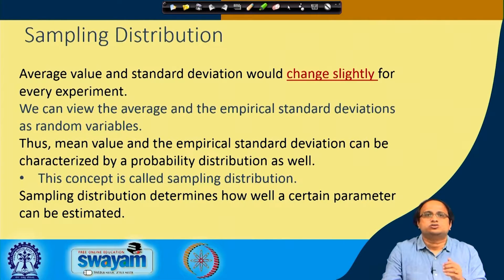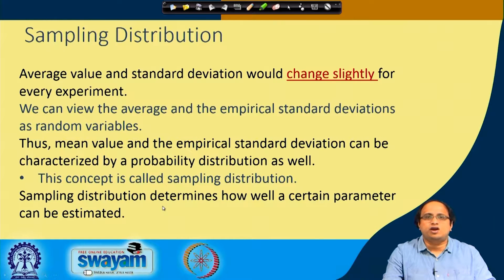So, you can view the average and the empirical standard deviation as random variables, and they can be characterized again as a probability distribution. This concept is what is called a sampling distribution. The sampling distribution often determines how well a certain parameter can be estimated.